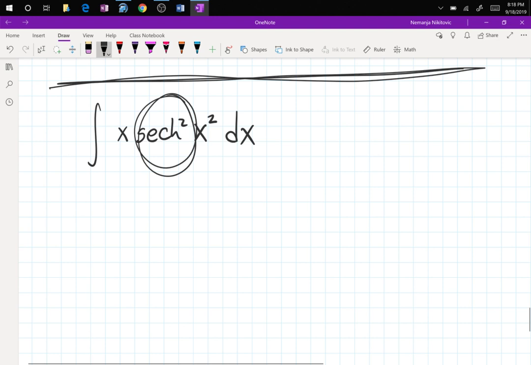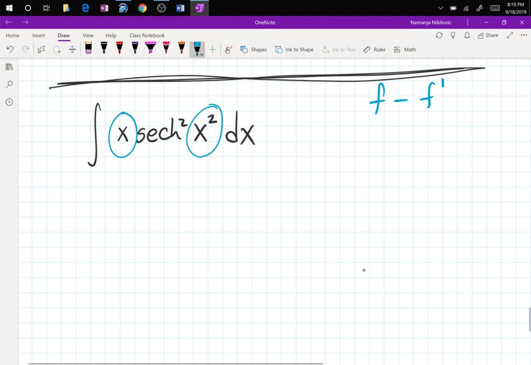Definitely cannot be a part of my u sub. And then I run into two functions that are comparable to a function and its derivative. I have x squared and x. It should be 2x, but we can fudge that.